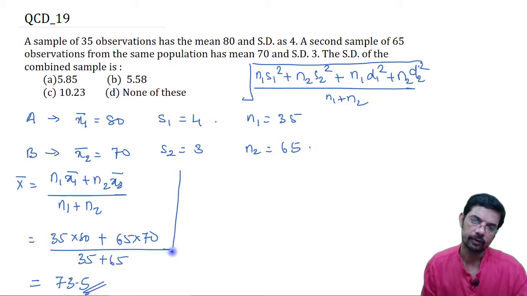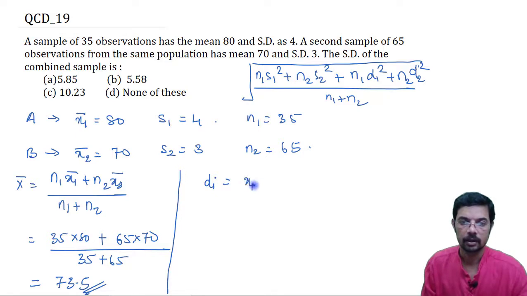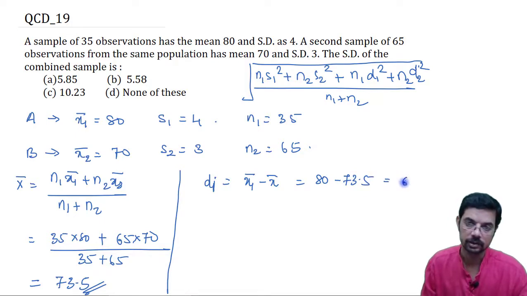Now we need to find Di. D1 is equal to X1 bar minus X bar, which is 80 minus 73.5, which gives 6.5.